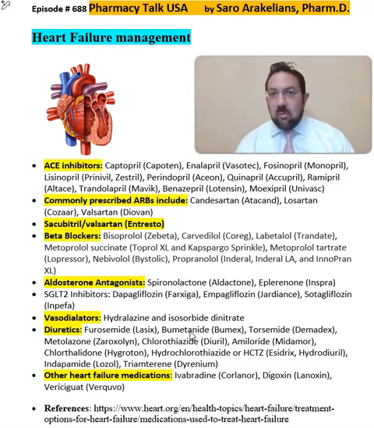I have a couple of other videos comparing these diuretics and their equivalent dosing, which you may refer to. And we have other heart failure medications such as ivabradine, Corlanor, vericiguat, Verquvo, and digoxin or Lanoxin.